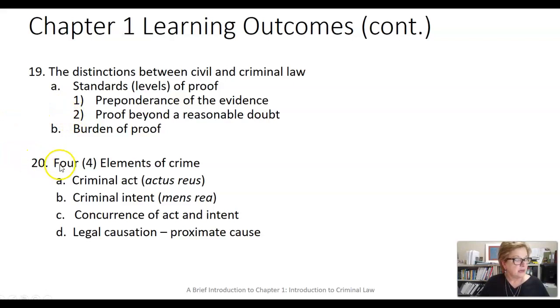The last thing we'll cover in this very long chapter are critical elements of crime. Every crime is made up of four things: a criminal act, doing something that the law prohibits, or failing to do something that the law requires; criminal intent, different kinds of intent; concurrence, the act and the intent will have to occur at the same time for it to be a crime; and then legal causation.